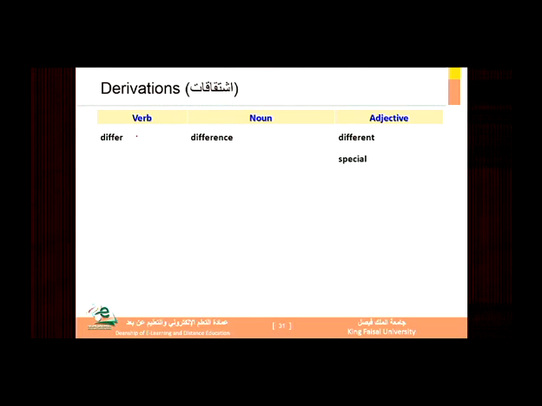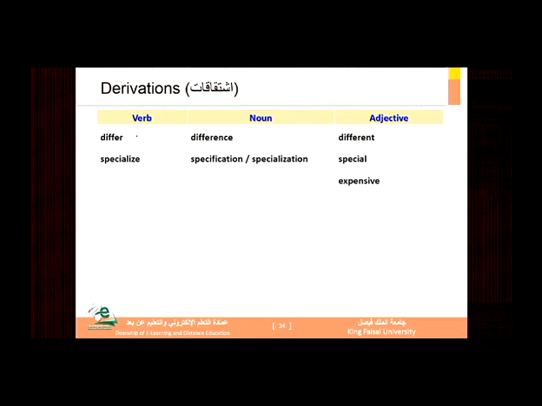The adjective special, we can get specification and we can get specialization. Excuse me. As nouns. To get a verb, you basically use specialize. So specialize, specialization, and special.